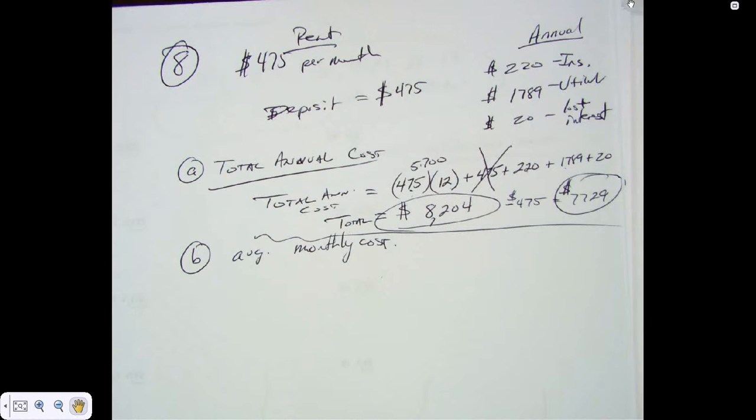I mean, did I read that wrong? It just says 475 a month as rent. Security deposit is 1 month's rent. I guess what they're wanting you to do is, for all of your time living here, what's that going to cost? I guess that's not a living expense. That's something you have to pay right off the bat.